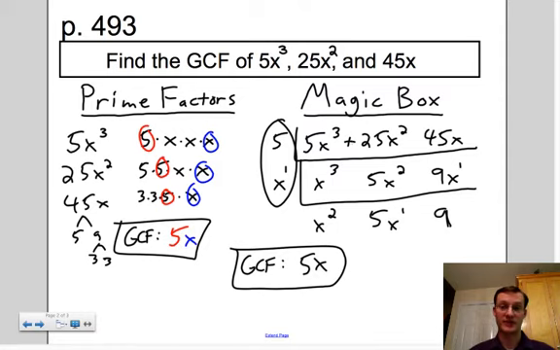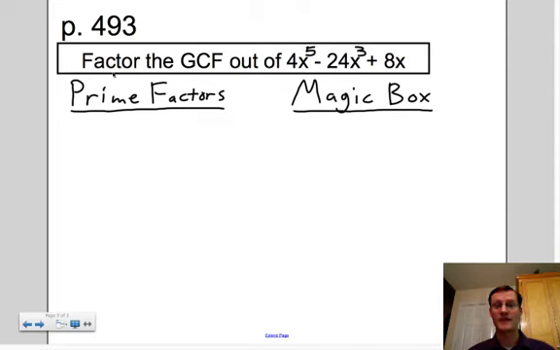So for example, if this were 5x cubed plus 25x squared plus 45x, you could reduce this into 5x times x squared plus 5x plus 9, which is really where we're going in a few lessons. Okay, so factor the GCF out of that.